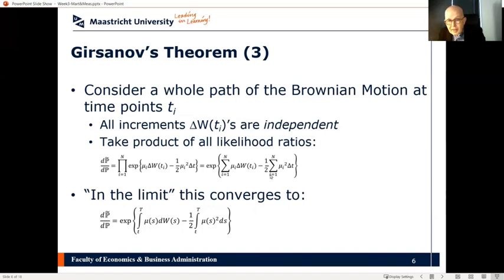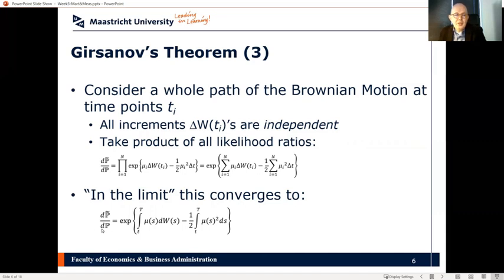And the second summation, minus 1/2 mu squared times delta t, becomes a normal integral against time. So we have the following representation. I can change my mu for each time step delta t, and even maybe for each value of the Brownian motion. So mu itself can be a stochastic process.